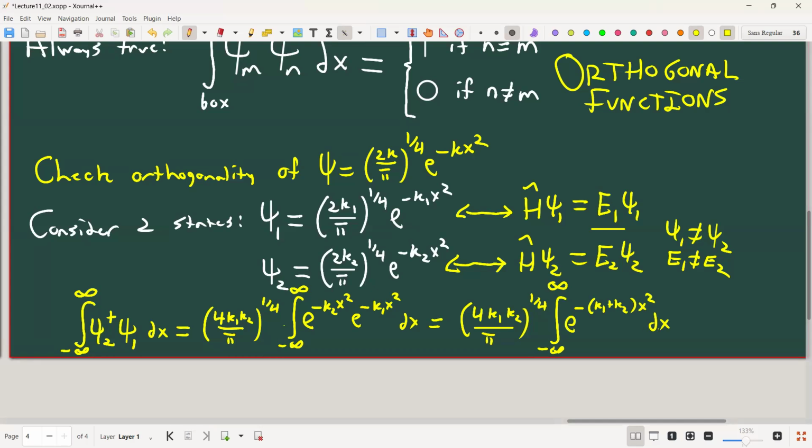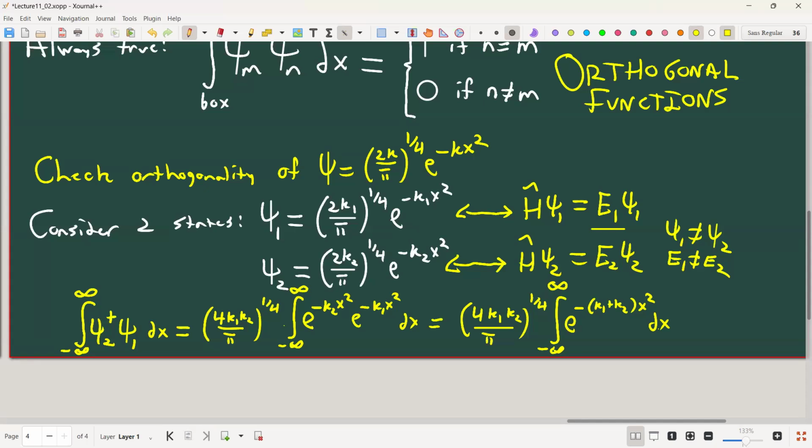Here's the important point, and this is where this is going to fail. When I take the product of two bell curves, two Gaussians, I get a new Gaussian, with some k1 plus k2. The product of two wave functions gives me another wave function.